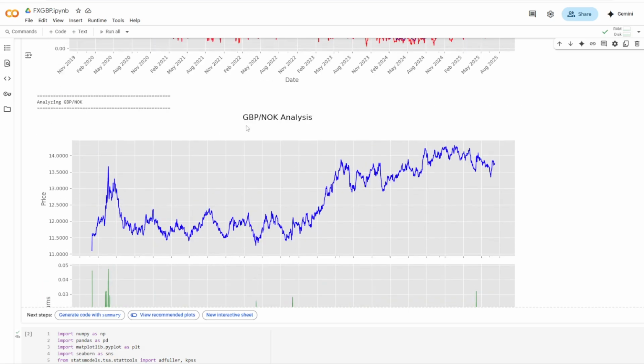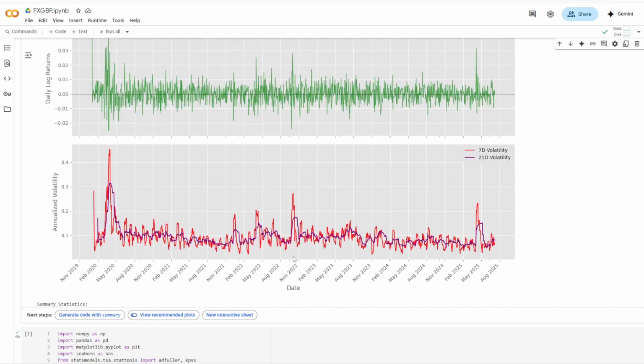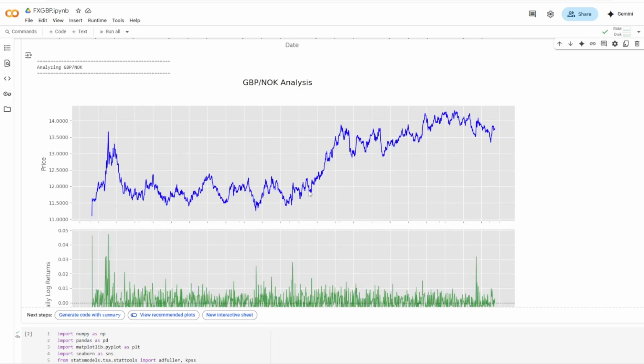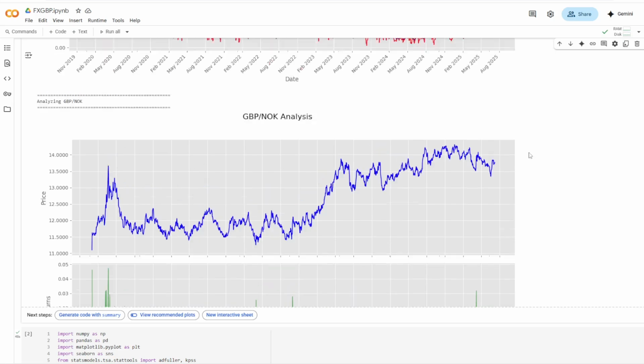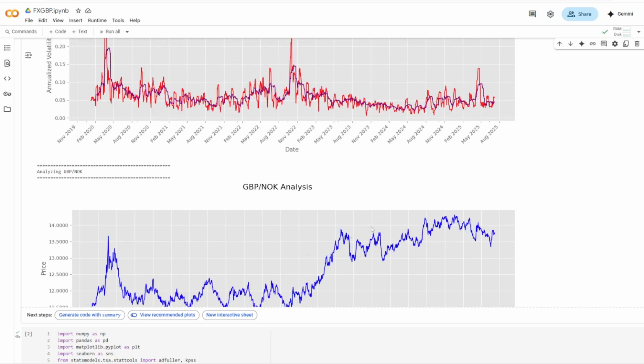And the same, the Norwegian krone has depreciated a lot in the past 5 years, especially from the end of 2022, also here in the beginning of 2020, this upside move.